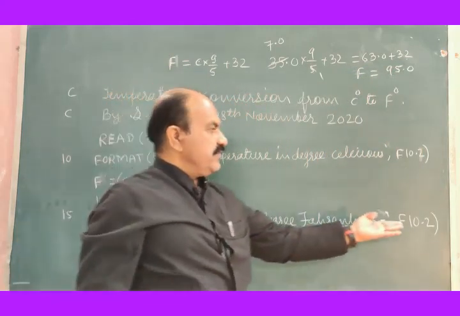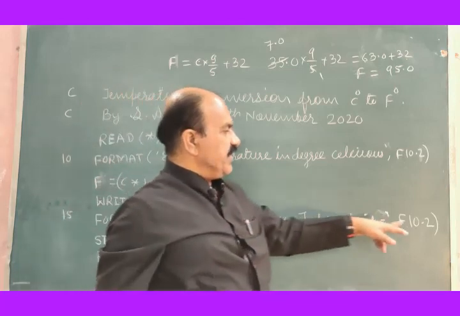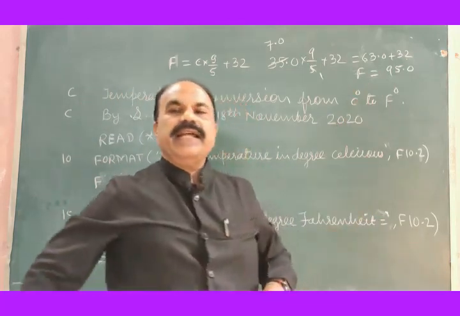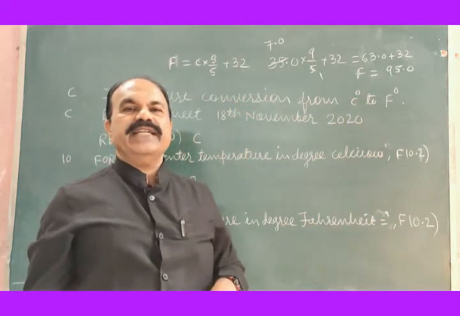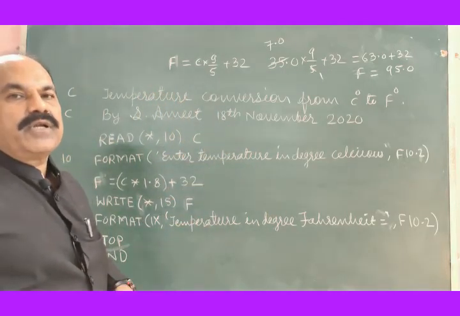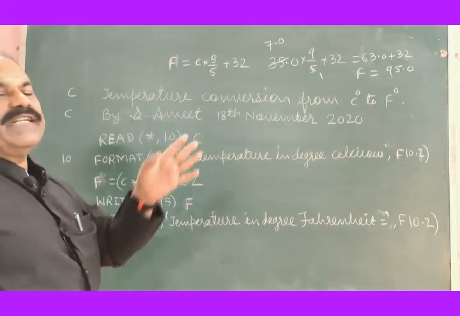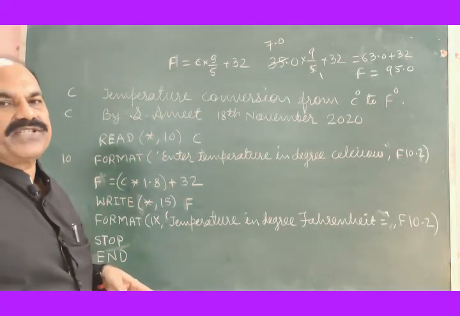So, value of F in degree Fahrenheit in this format will be 95.0 degree Fahrenheit. This is a simple program for conversion of a temperature in degrees Celsius to the temperature in degree Fahrenheit.